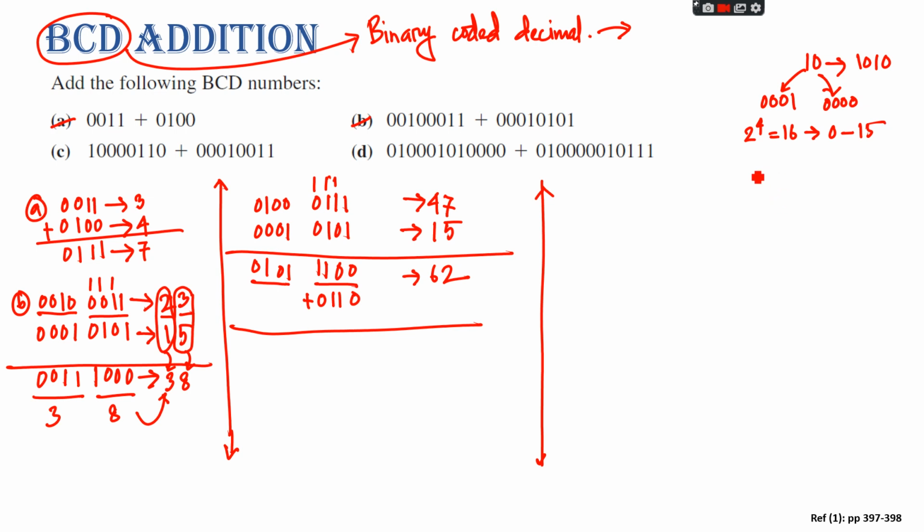For BCD, the numbers we have are from 0 to 9, right? Yes, sir. We don't have 10, 11, 12, 13, 14, and 15. These are the 6 numbers that are missing in BCD. So that's why whenever the number goes beyond 9, like 10 to 15, we need to add 6 with the number to get the exact result.